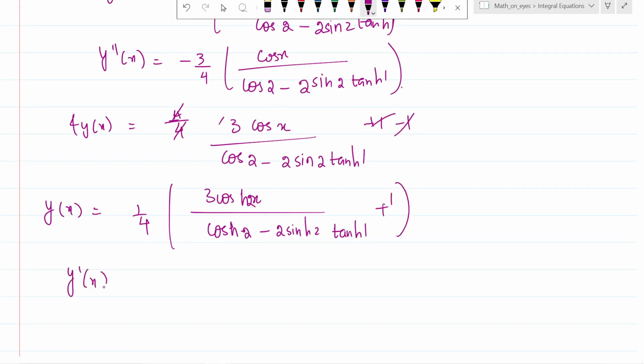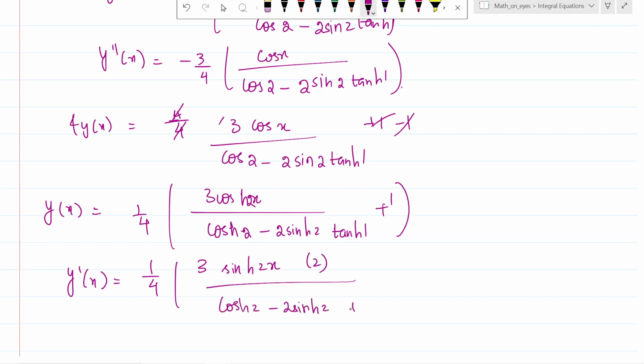Y dash of x is equal to 1 by 4 into 3 times sin h2x. You will just multiply by 2 here, divided by cos h2 minus 2 sin h2 tan h1, plus this part is a constant, so it will vanish.